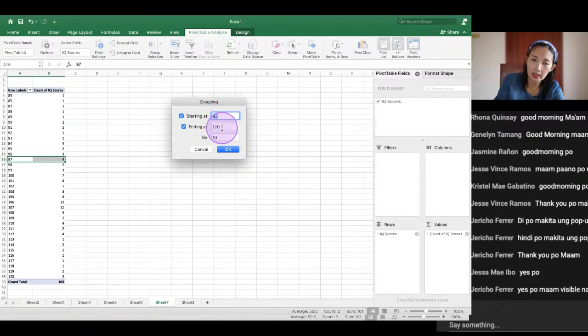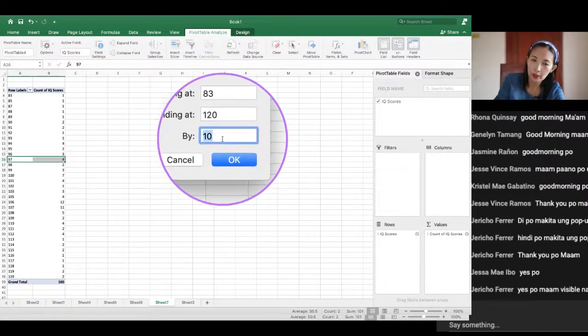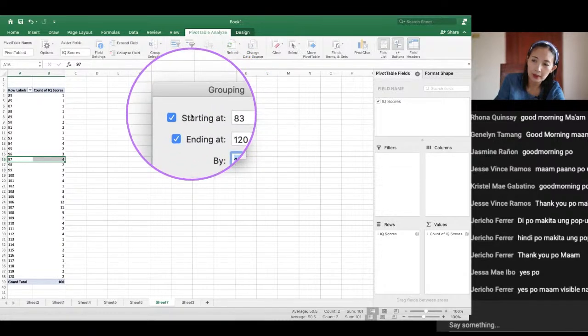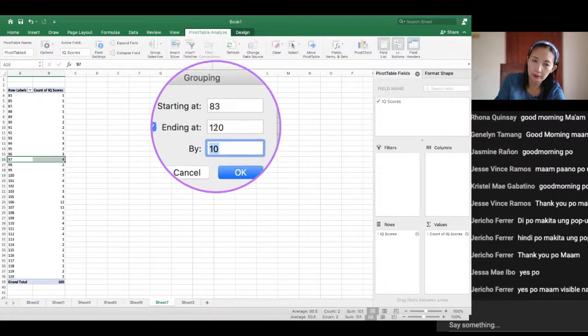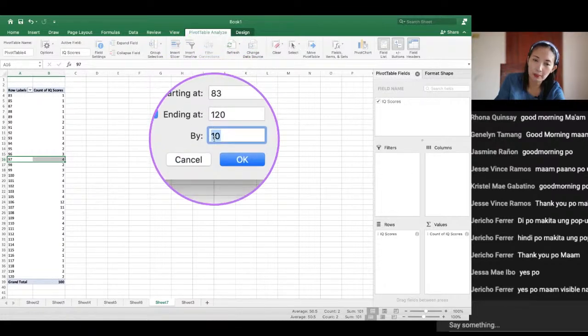Starting at 83, ending at 120, don't mind that. We will only vary the By, which means the class size.